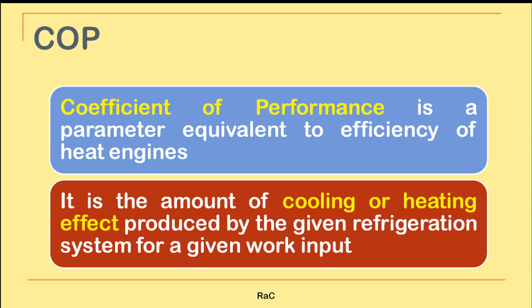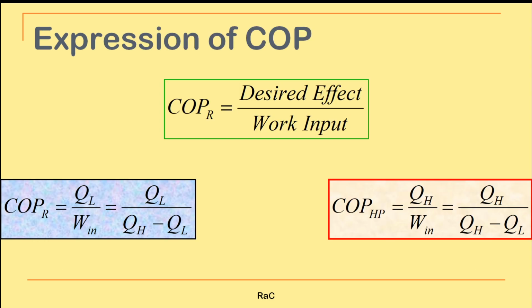So it is the cooling or heating effect produced by the given refrigeration unit or system for a given work input. So we are giving a certain work input. For the given work input, how much desired effect a refrigeration unit can produce, that is given by the coefficient of performance.